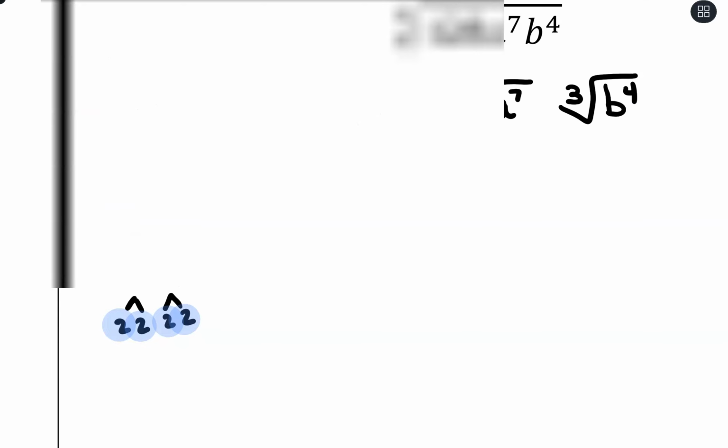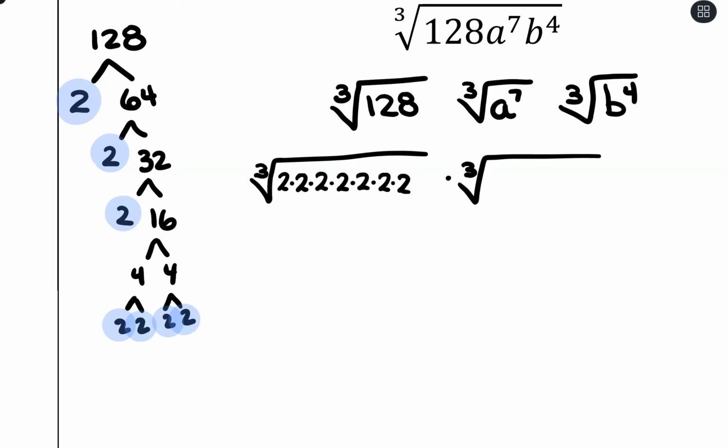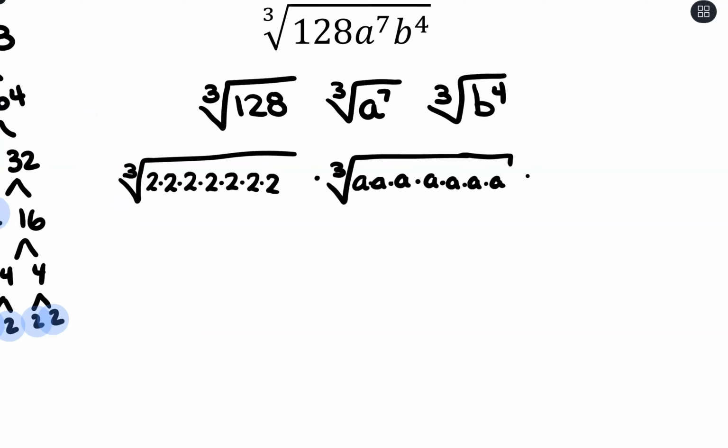We'll just go the exhaustive route with this one. So that is the cube root of 7 2's multiplying together, times the third root of 7 a's multiplying together, and then multiplying with the cube root of 4 b's multiplying together.